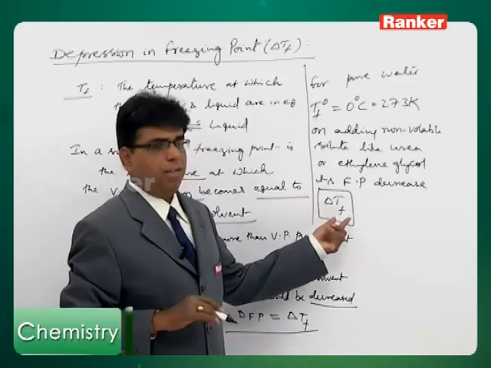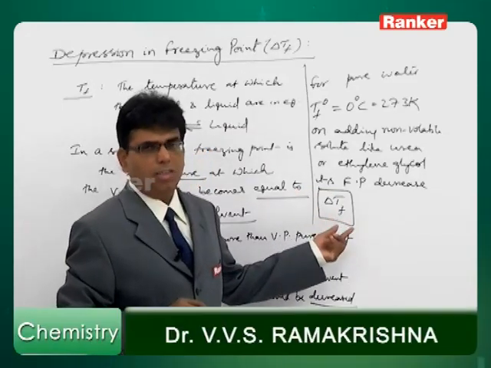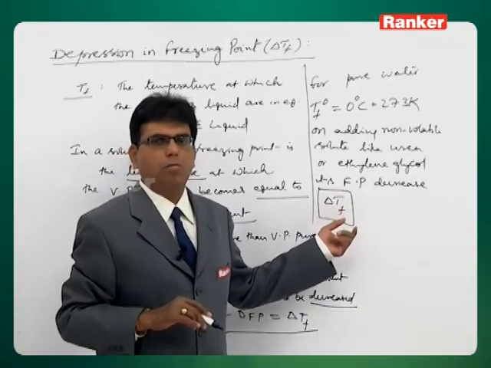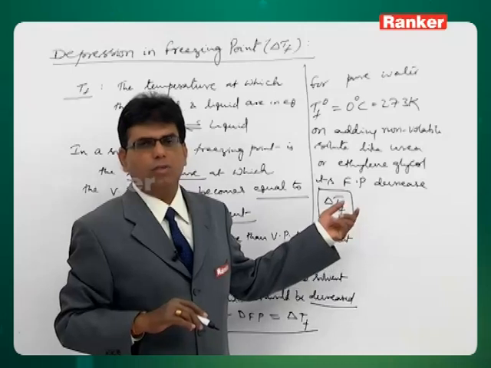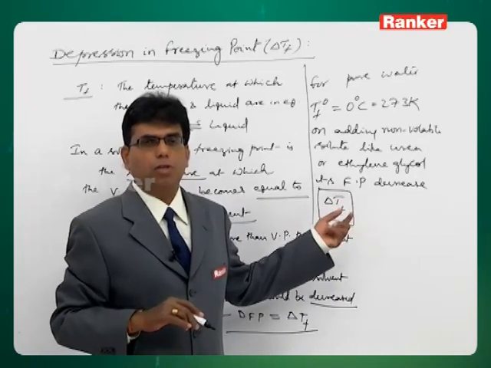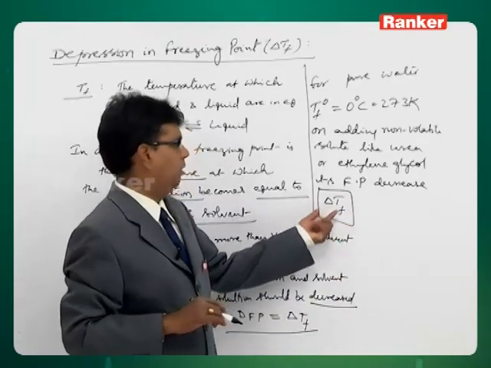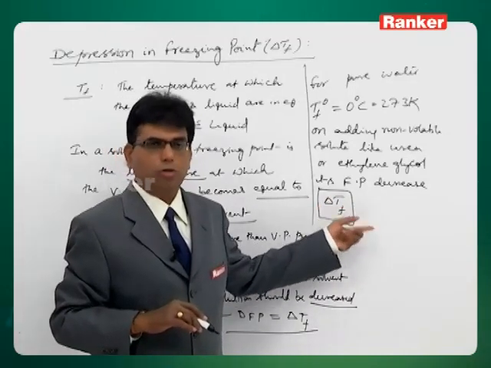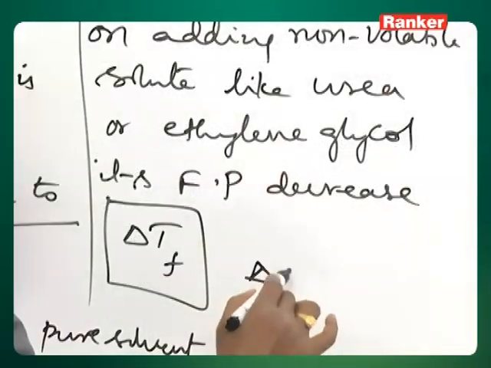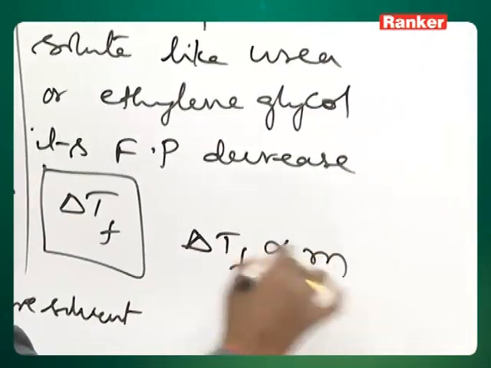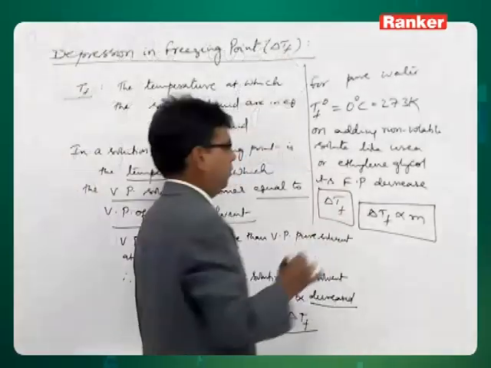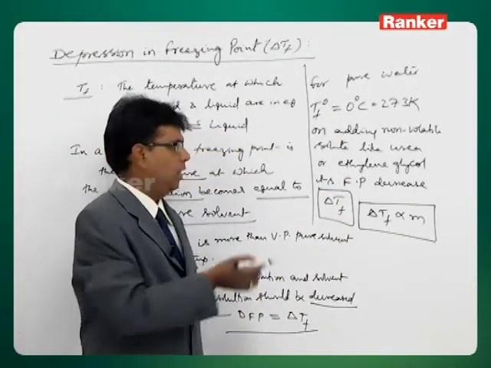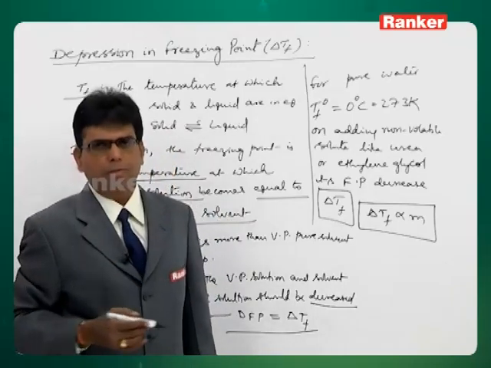This delta TF relation to concentration again we see with respect to a graph, like in the case of elevation in boiling point, with the help of a graph, the way that we explained that delta TB is proportional to molality. Same way again here we get the relation that delta TF is also proportional to molality, that in the graph we see now.